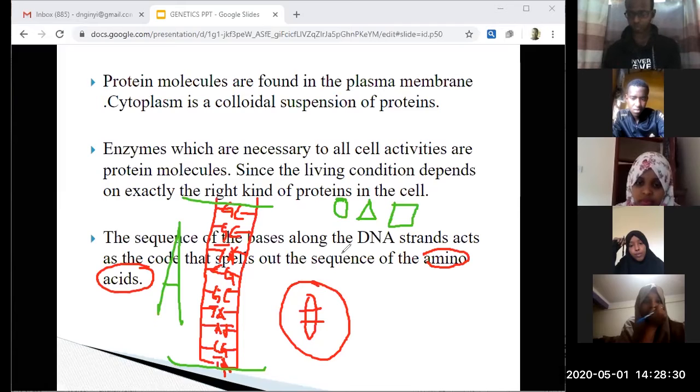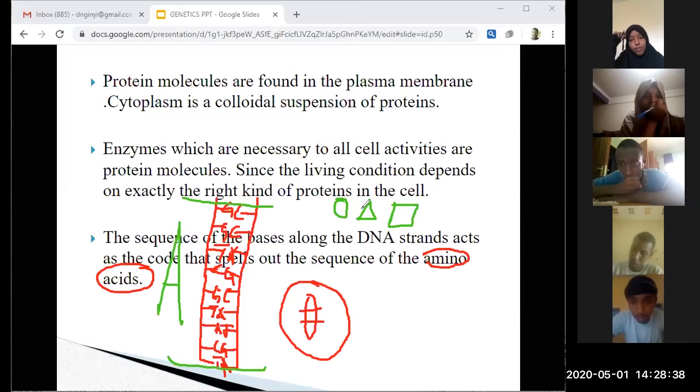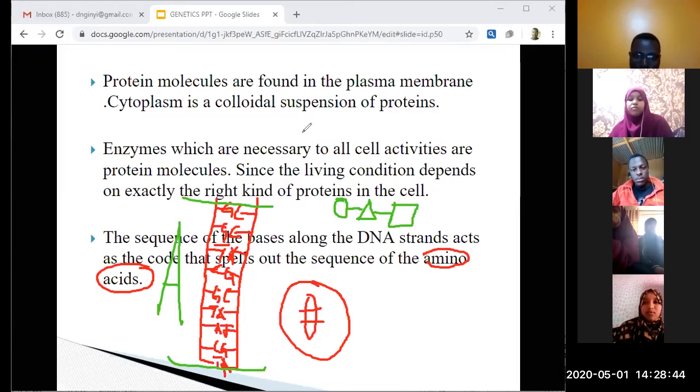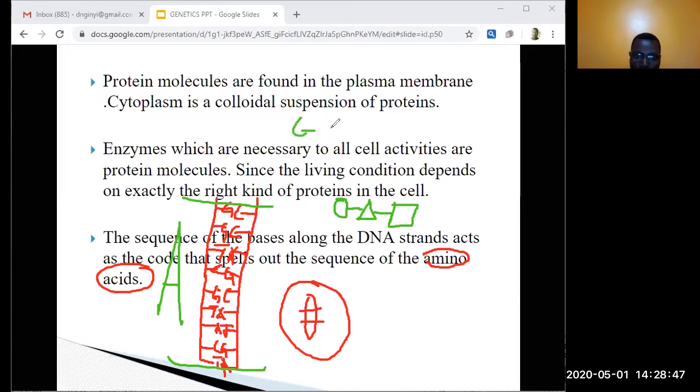Now, let's assume that the first amino acid here, the codon responsible for positioning of this particular amino acid on that particular position is GGT. So we have the first codon, GGT. That is the first codon.